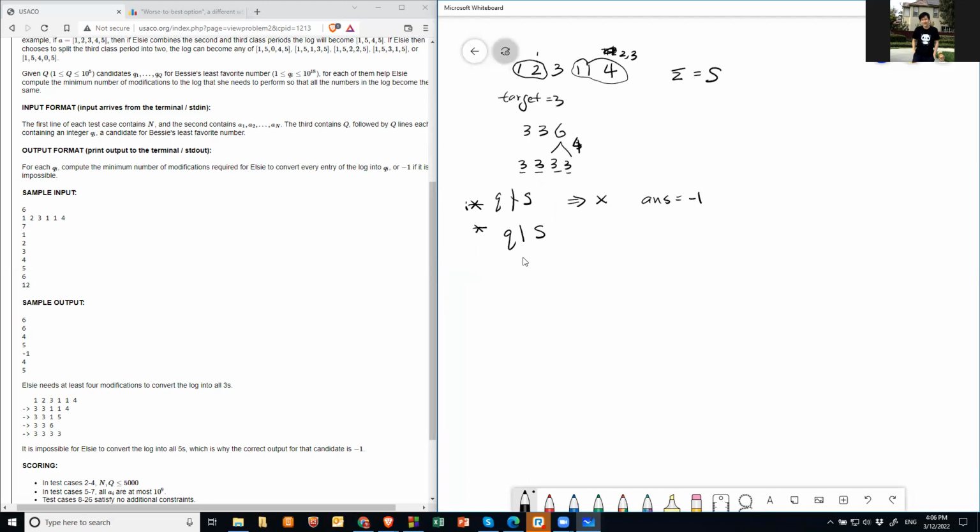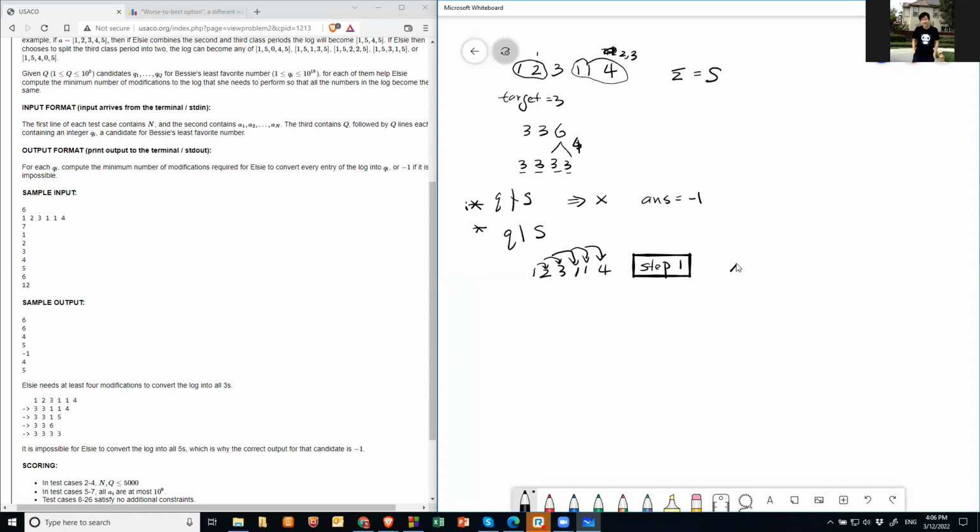Then I have a stupid way to do this. Take 1, 2, 3, 1, 1, 4. Step 1: I merge all of this into one big number s. Merge into this, take the sum, merge into the next, take the sum, and so on until a single number s.